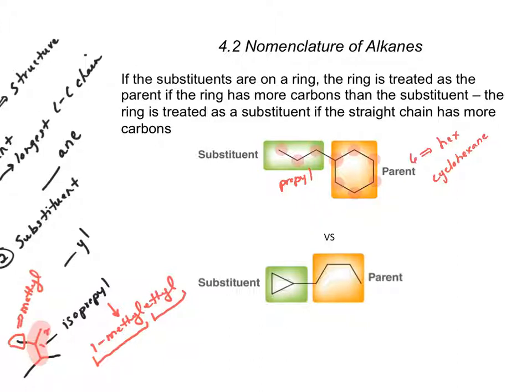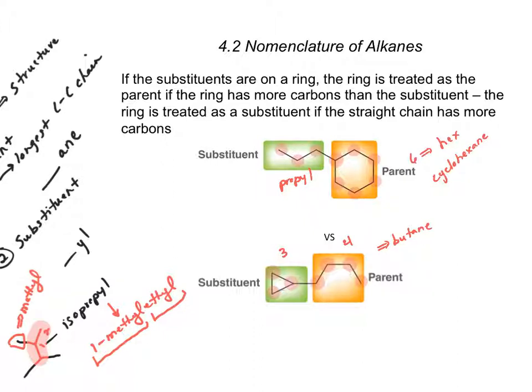So for example, as we move down here, how many carbons are in this ring? 3. And then on our parent, our real parent, how many carbons do we have? 4, okay? So for this guy, the ring isn't the parent. The chain of 4 carbons is our parent, okay? So for 4 carbons, we have meth, eth, prop. This would be butane. But then how do we name this ring as a substituent? That's one thing that I hadn't mentioned quite yet.